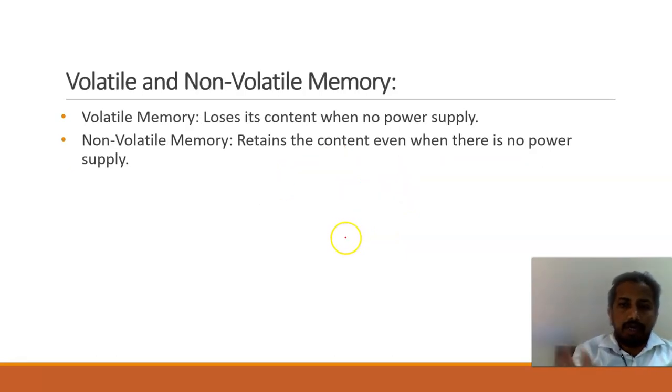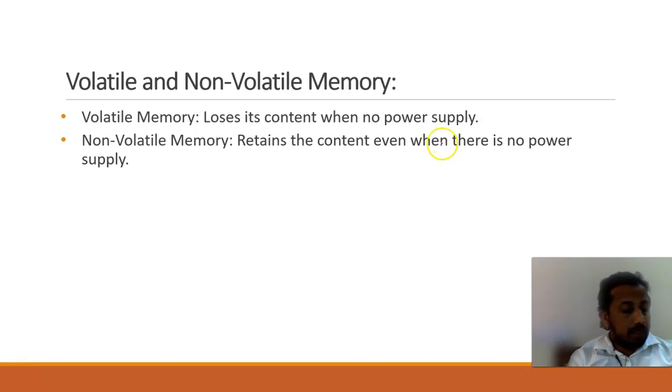Next comes volatile and non-volatile memories. Volatile memories lose their contents when there is no power supply. When there is no power supply, all the contents in the memory are removed. And non-volatile memory is that even when there is no power supply, the data is kept in the memories. That is called non-volatile memories.